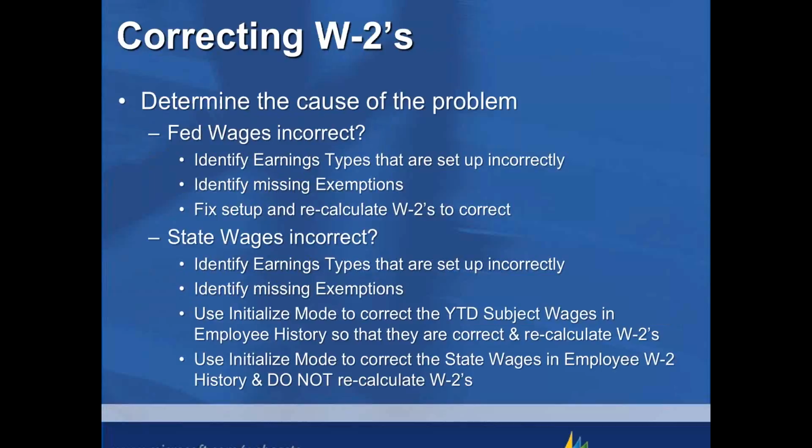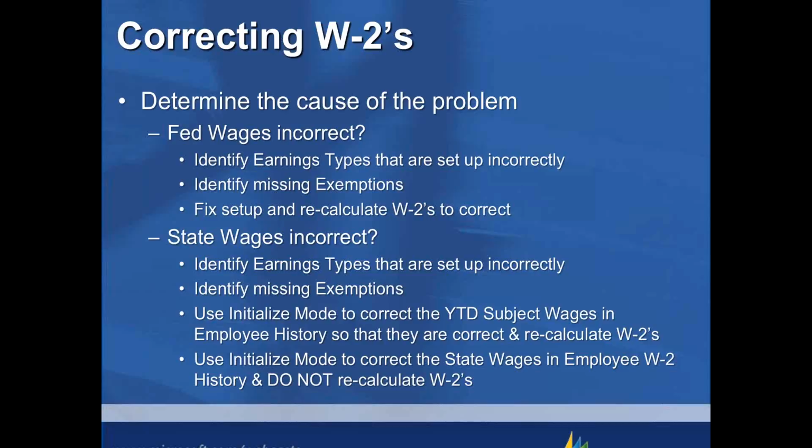Okay, if there are issues, determine the cause of the problem. If the federal wages are incorrect, you need to identify earnings types that are set up incorrectly, identify any missing exemptions, fix setup as required, and then recalculate. State wages: again, identify any earnings types that are set up incorrectly, identify any missing exemptions, same thing.